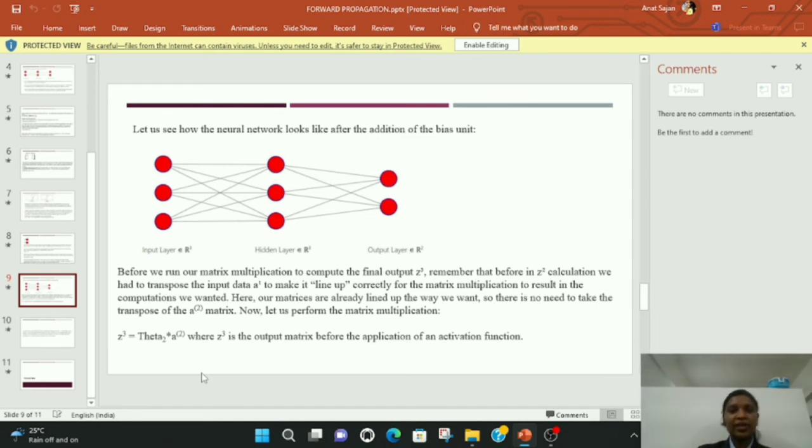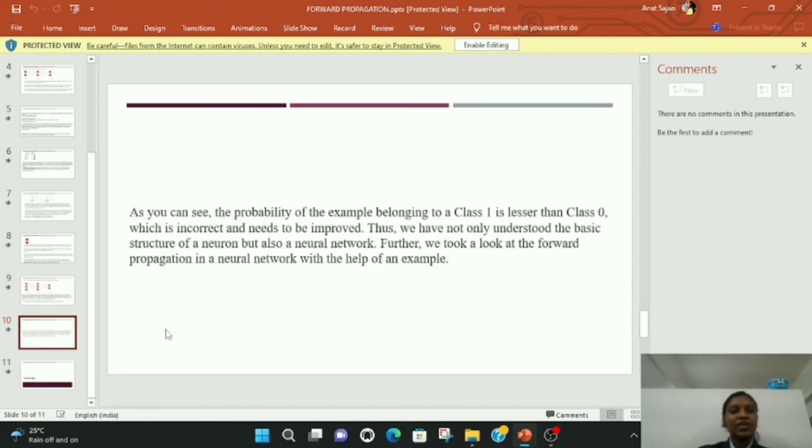Now let us perform the matrix multiplication. Z cube is equal to theta 2 into A square, where Z cube is the output of the matrix before the application of an activation function. As you can see, the probability of the example belonging to class 1 is lesser than class 0, which is incorrect and needs to be improved.